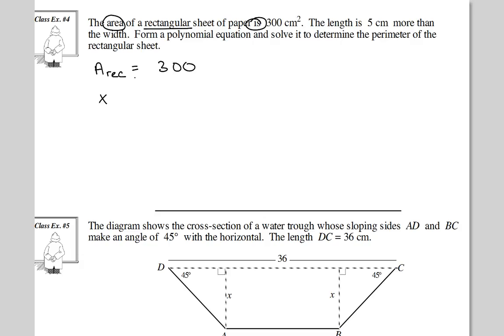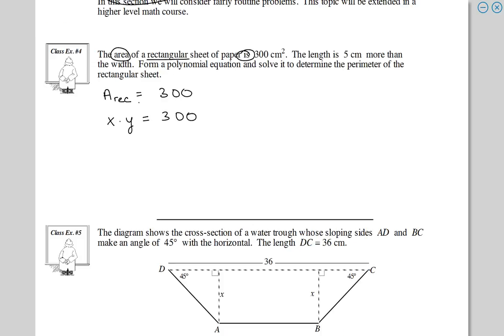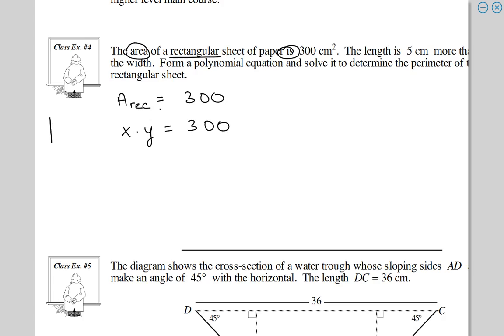Length times width, but let's just use x times y. And let's even draw in a little rectangle here, right next to it, x and y. You guys okay with that? Rather than using L and W, we're used to x and y. Let's just use x and y. And we've got the first set of information done.